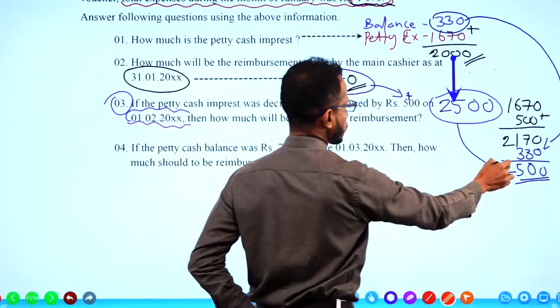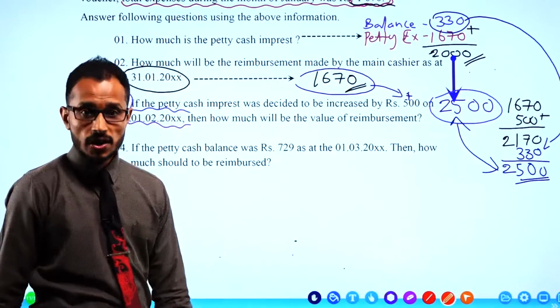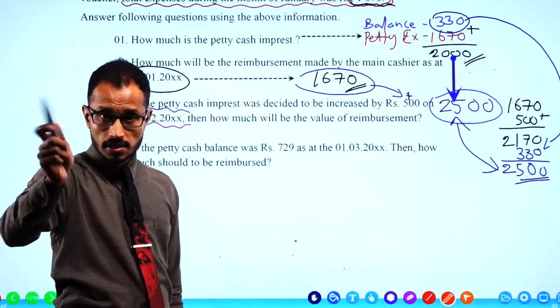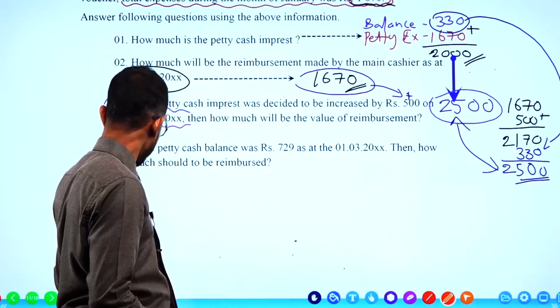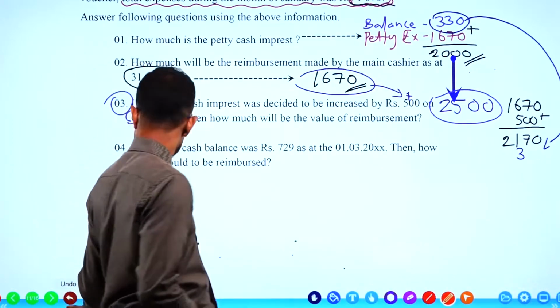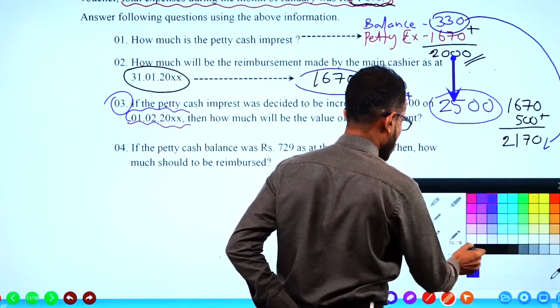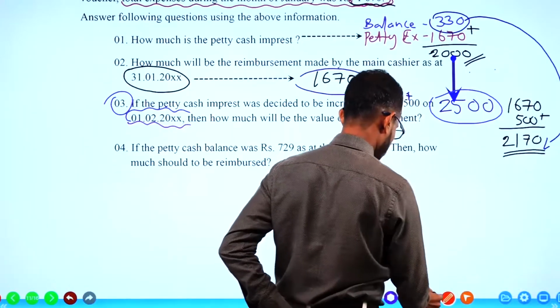That is the new imprest. All right, you got it. But that is not the answer. Answer is this. $2,107. This is the answer.